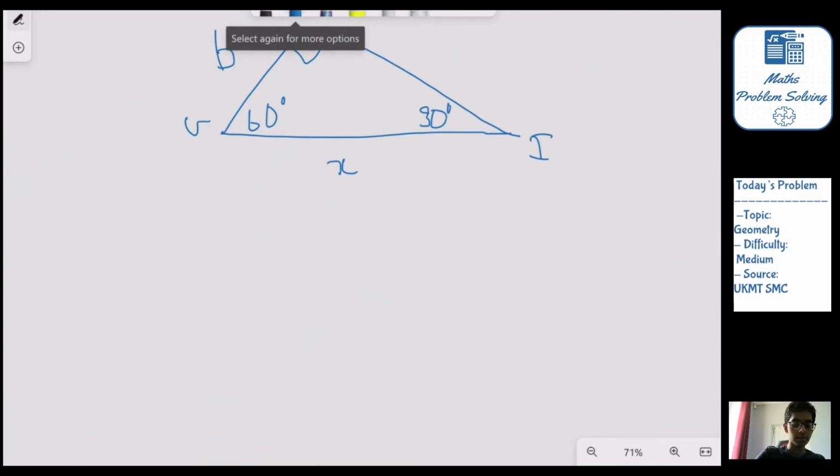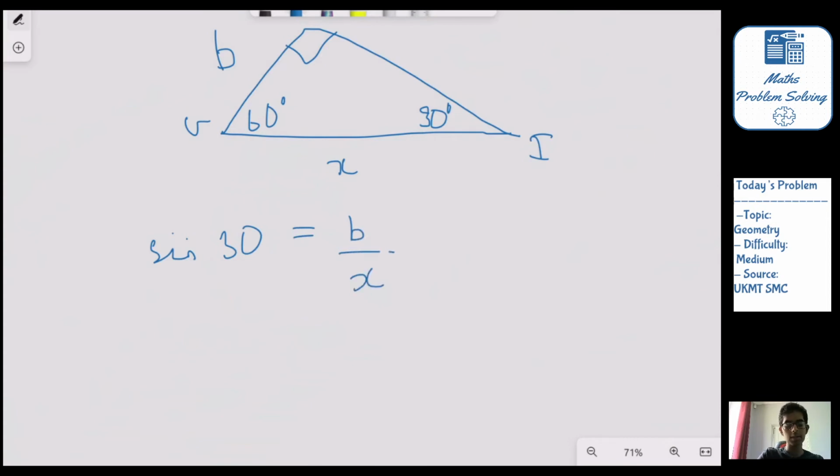Now we'll need to apply some trigonometry. So we know that x is the hypotenuse, therefore sine 30, remember sine 30 is opposite over hypotenuse, so it's b divided by x. Therefore, whatever sine 30 is, that is the ratio of b to x, okay?